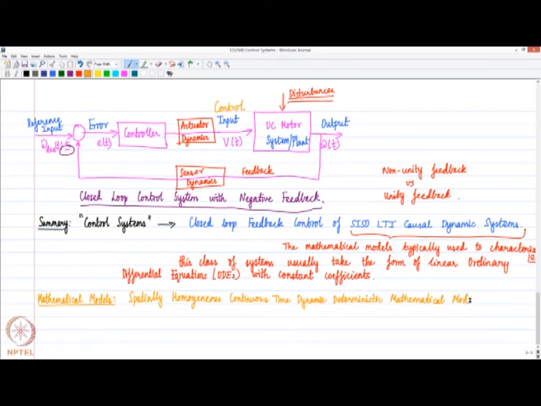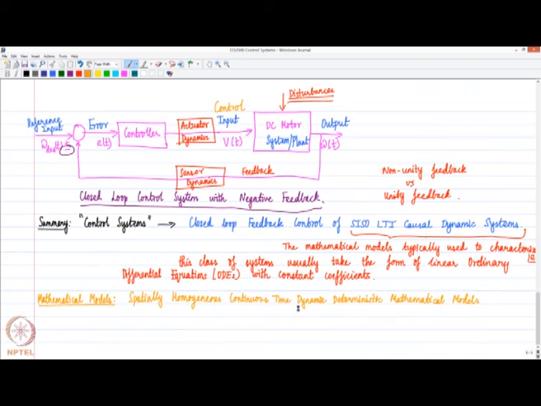Continuous time means we treat time as a continuous variable. From a pragmatic perspective, it just means that we are going to get ODEs, ordinary differential equations. Dynamic means we are going to have derivatives in the equations. So what is a dynamic model?